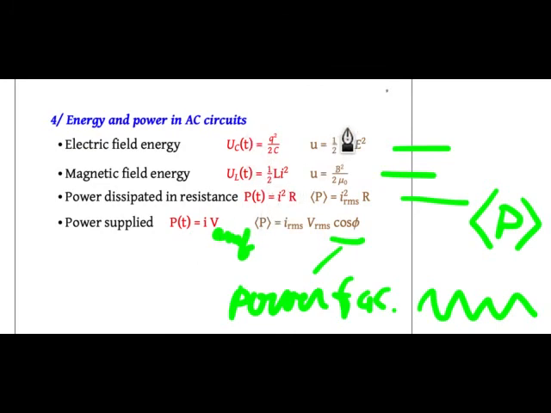The averaging over the alternating current, that's something new, but you can read about that in the section on energy and power in AC circuits, chapter 30. So this completes the theory. Now there'll be part 2 of the video, which has some examples, work out some example problems.